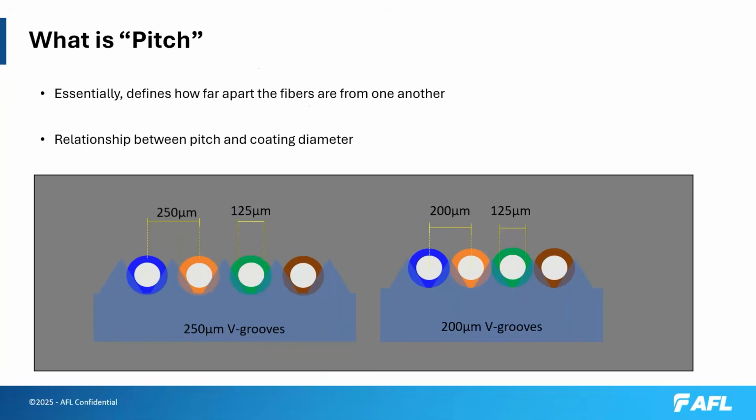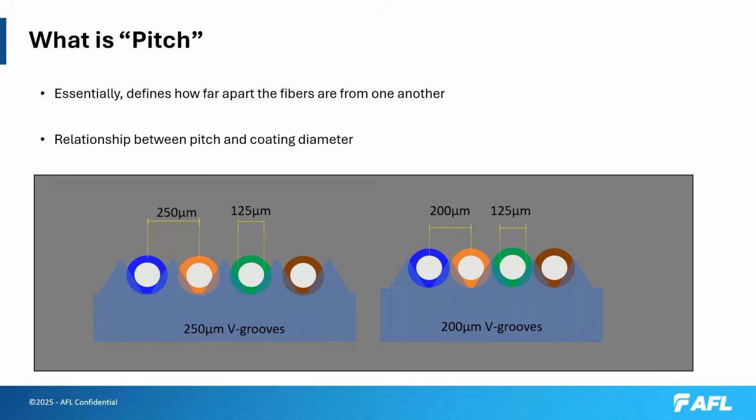250 pitch, 200 pitch, no problems with that combination. But if you go and take 200 and put it in 250, as long as the pitch is correct, you have no problems putting a 200 micron fiber into a 250 micron V groove. This is the point of pitch conversion.